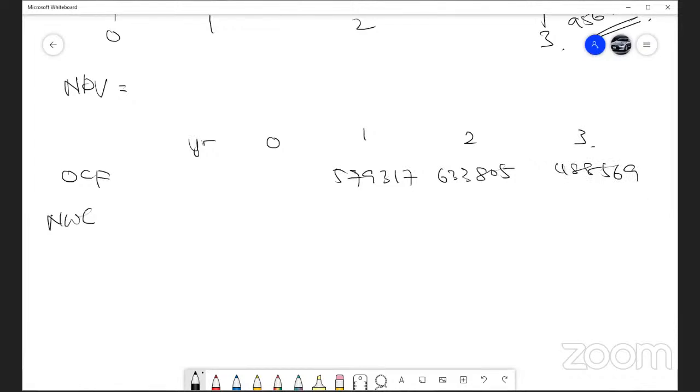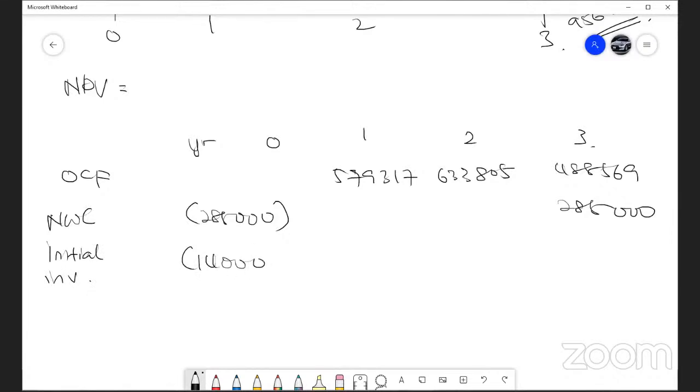Net working capital, year 0, negative 285,000. Come back in as positive 285,000. Initial investment 1.4 million. After tax salvage value 182,559.